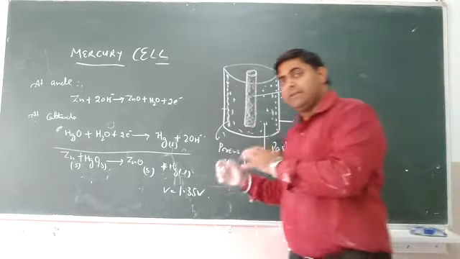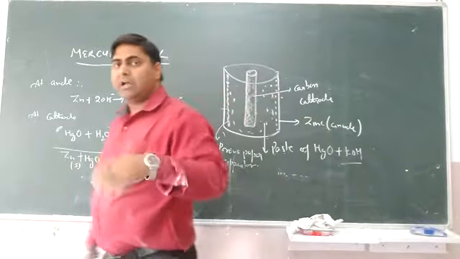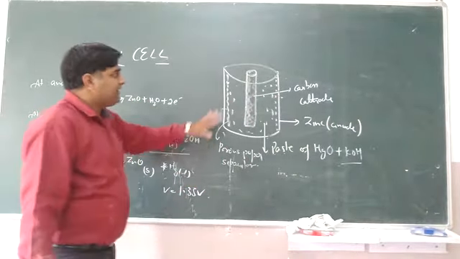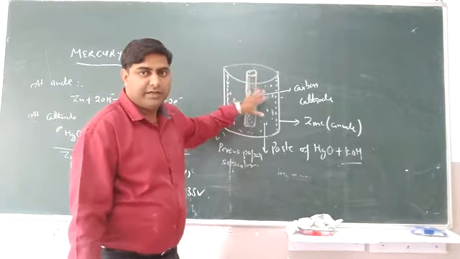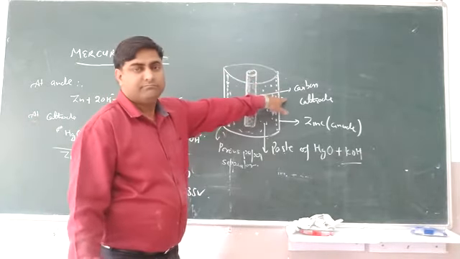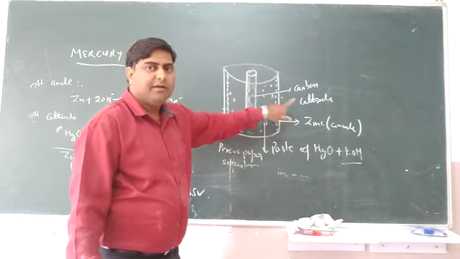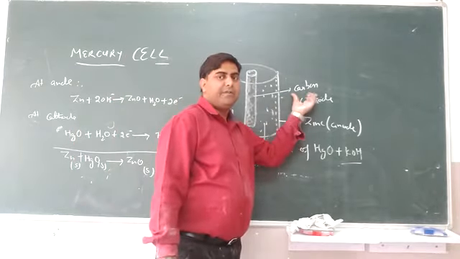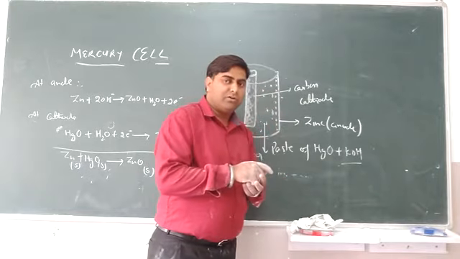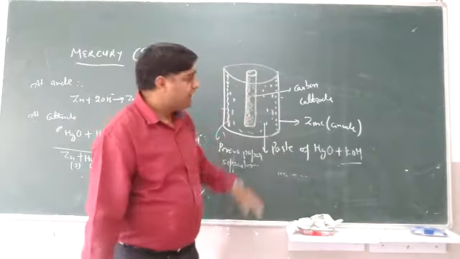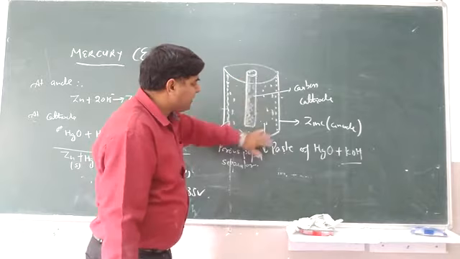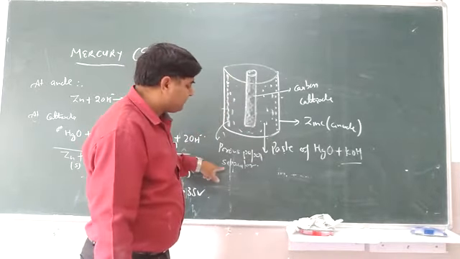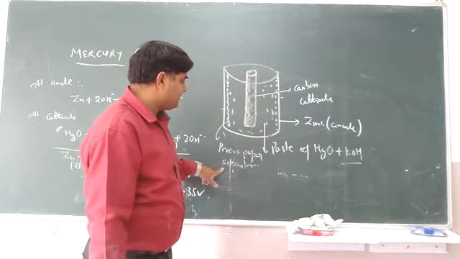So let us see what are cathode, what are anode, and what are the reactions that take place in mercury cell. In a mercury cell, we have a carbon cathode. Keep in mind, in mercury cell, cathode is carbon. The carbon rod, that is graphite rod, is placed inside a zinc container having porous paper which acts as a separator.